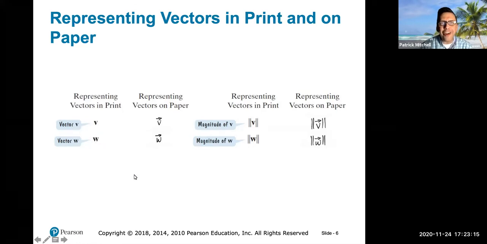Because it's hard to handwrite boldface, it's become traditional that when you write them on paper, you just write a letter, usually v or w, sometimes u, with an arrow over it. The magnitude works the same way whether you're using print or handwriting. It's the double absolute value bars. Notice that it's the boldface v here, or the v with an arrow over it if it's handwritten.